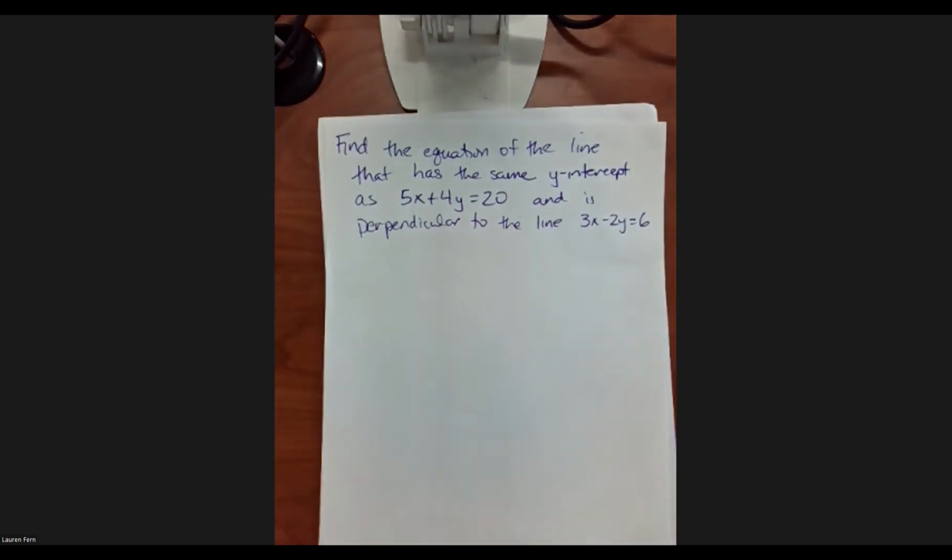This is a homework type question. It's a little much for a test question. Not that it's not doable, but it's just not a very reasonable one, I don't think. So I'll give you a moment to write that down, and then we're going to talk our way through this. Tell me when you're ready.